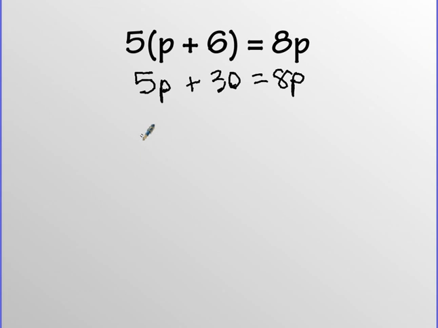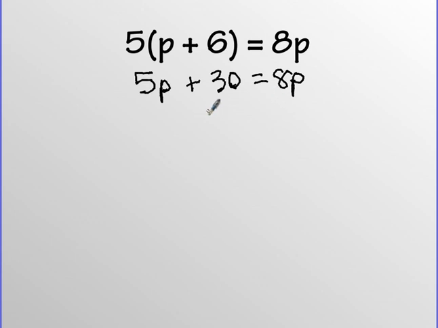Step 2 says, do I have like terms? Sorry about that. Since I don't have like terms on the left or on the right, I'm good to go to step 3, which now is, do I have variables on both sides? Sorry about the mix-up.